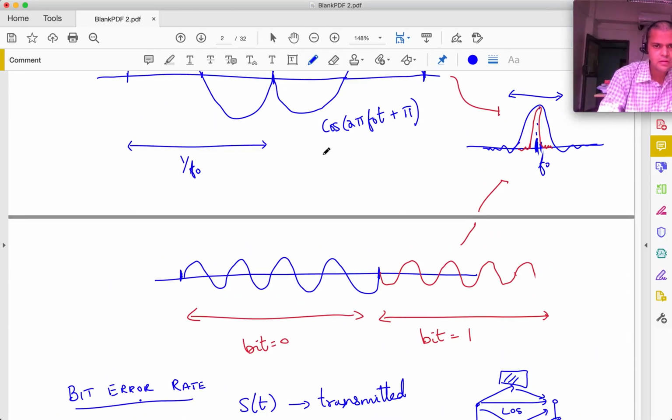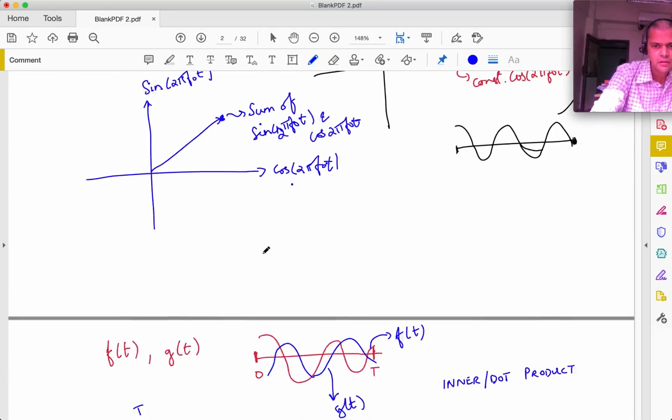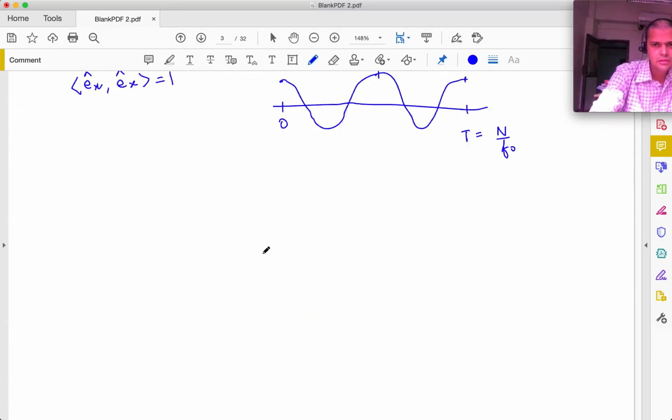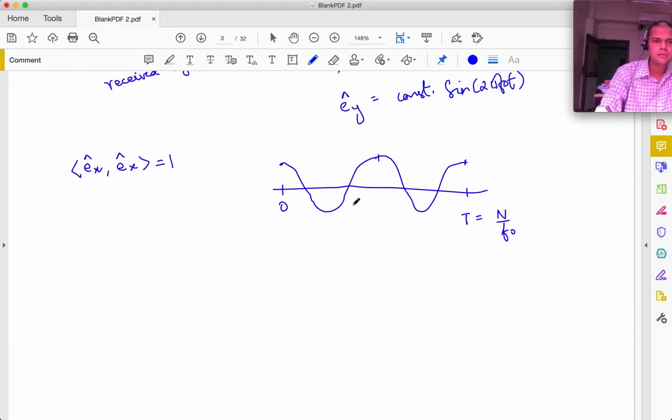Here it was a little different, I had sent a sine rather than a cosine, but anyway, let's suppose my signal is something like this.